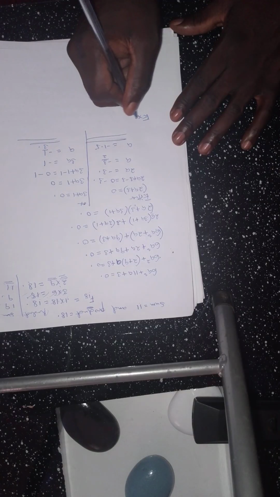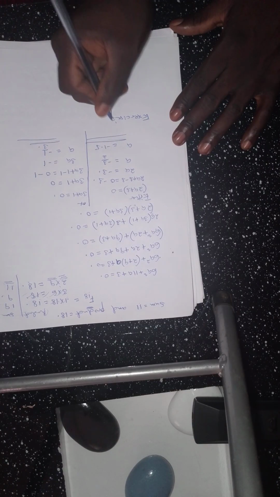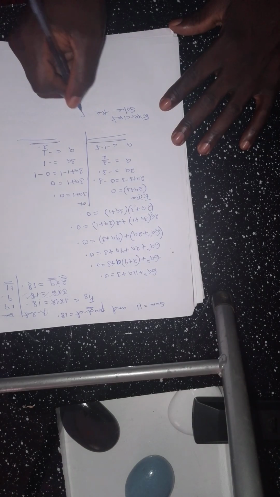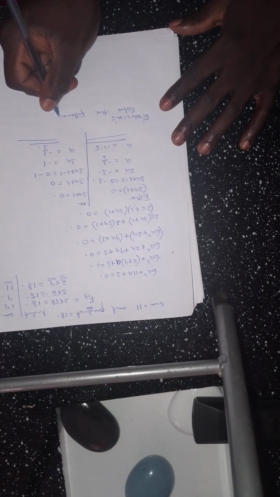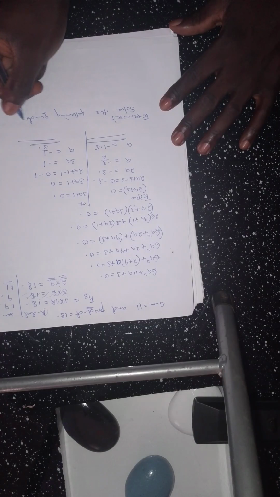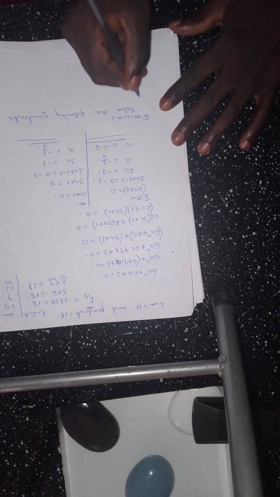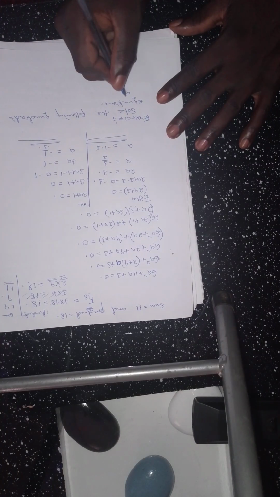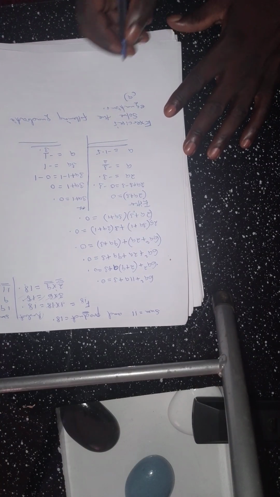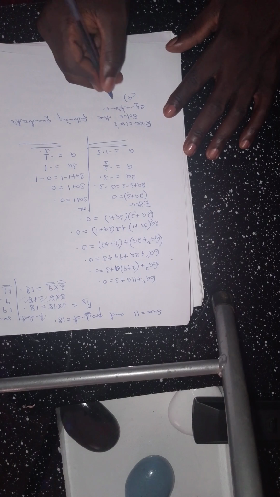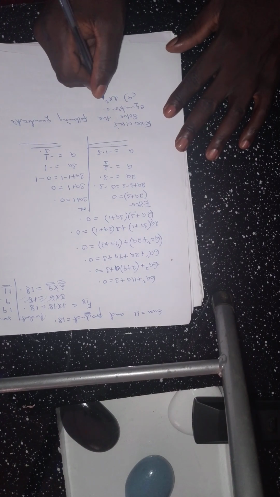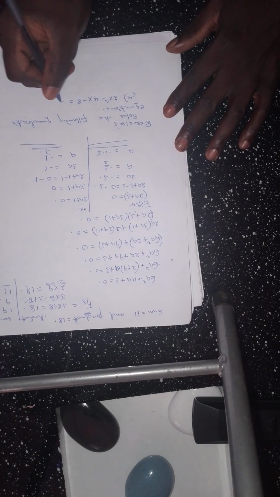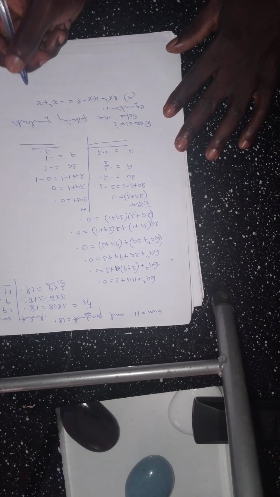Now, as an exercise, let us try out the following. Solve the following quadratic equations. Part A, we have 2x squared minus 4x minus 8 is equal to negative x squared plus x.